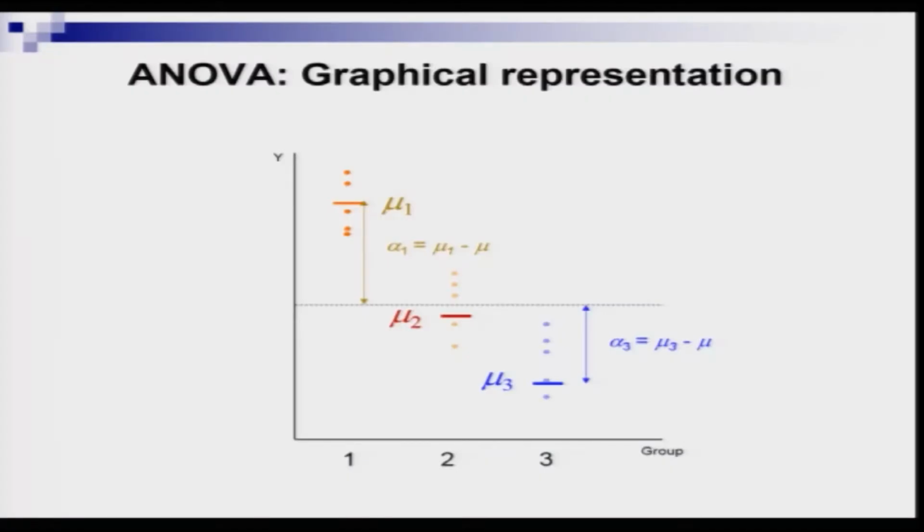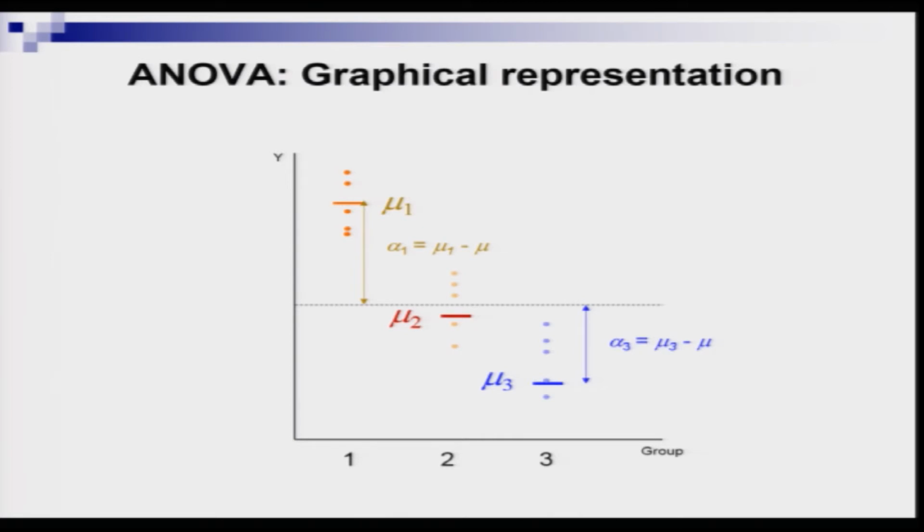Concentrate on this 2D diagram. I am measuring the continuous dependent variable along the y axis, the vertical axis, and I am showing different groups. Suppose I have 3 groups only, to keep a simple story, named 1, 2 and 3.